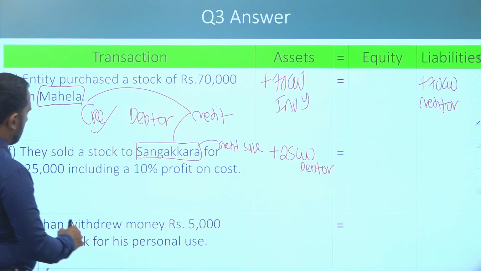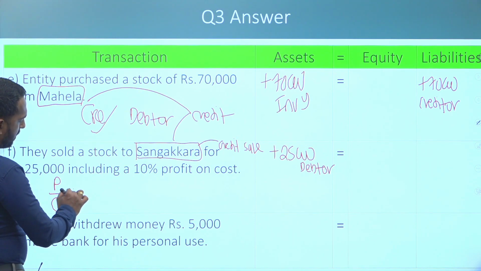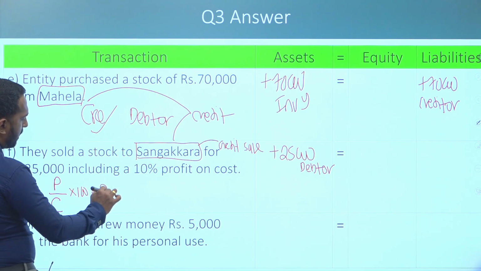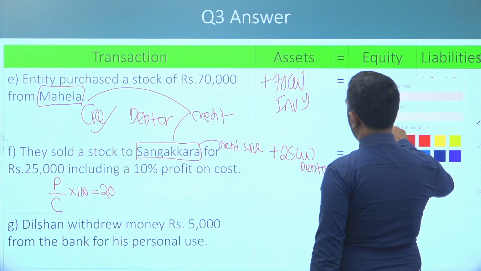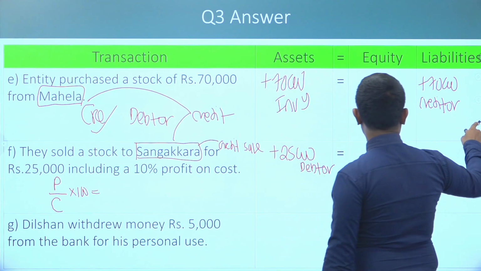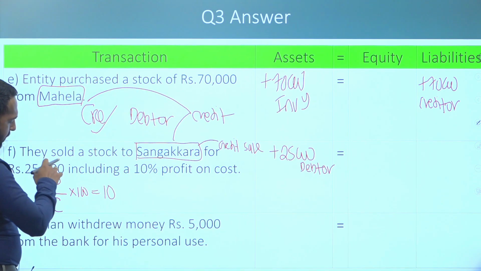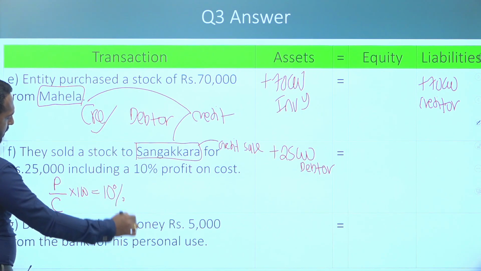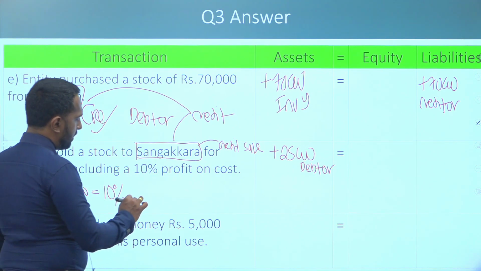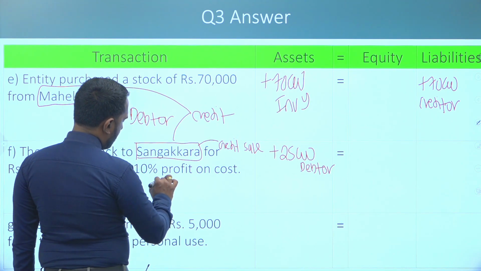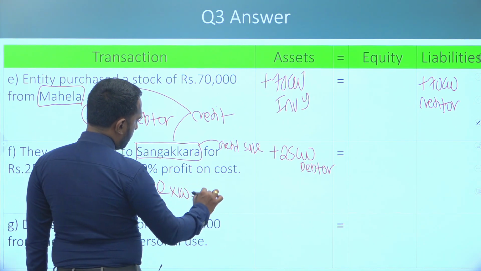Profit on cost. Here, in order to get this answer, profit should be 10 divided by a cost of 100 rupees multiplied by 100, and you will get 10%.